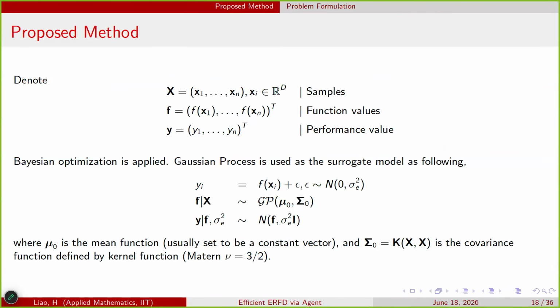We assume that these X are our samples, this F is the function value, and Y are the real observed performance values. We assume this Y comes from F(X) plus error, like a regression setting. But this F given X comes from a Gaussian process regression. And given this Gaussian process regression, we can have the F at each data point as a Gaussian distribution.